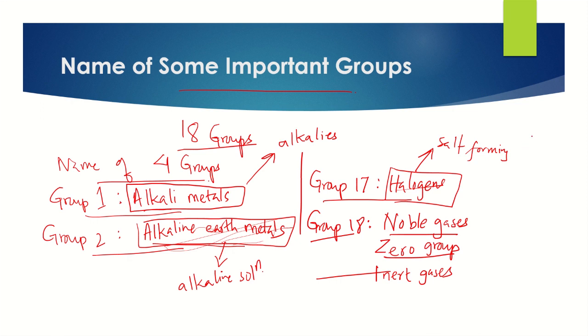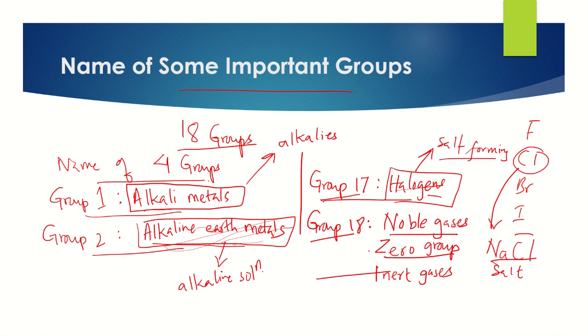If you consider the elements fluorine, chlorine, bromine, iodine, we have the common salt called sodium chloride. So you can see chlorine belonging to group number 17 forming salt. So halogen in Greek means salt forming.